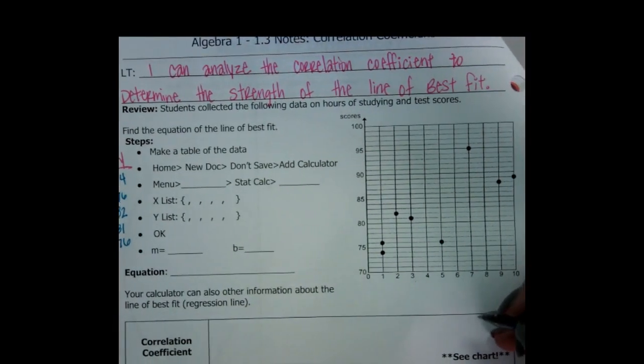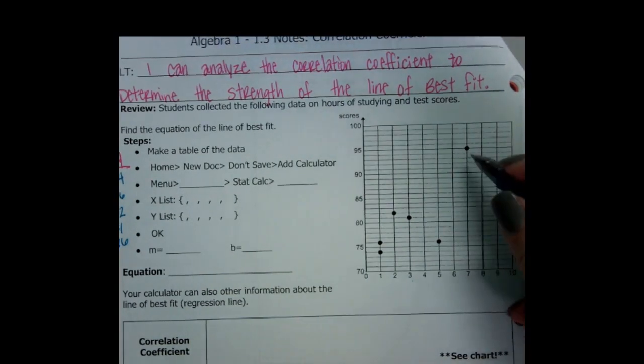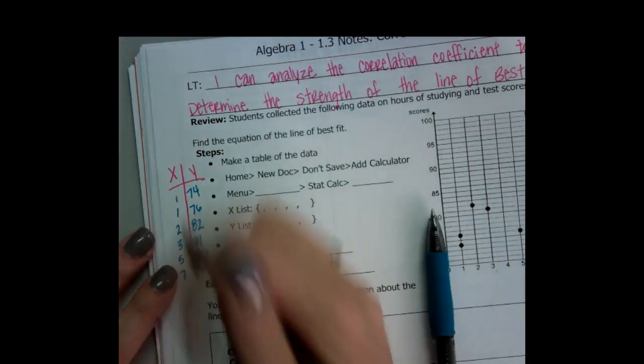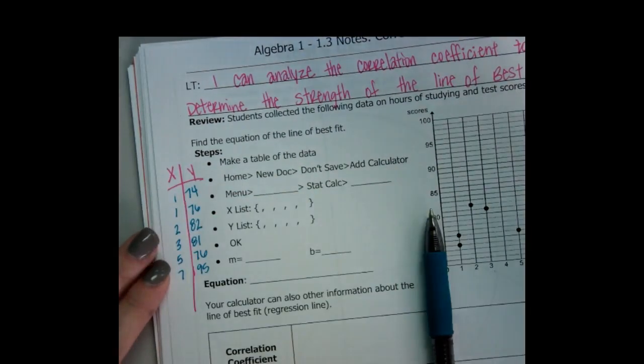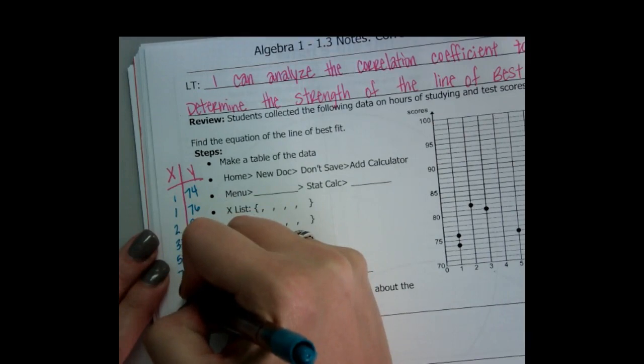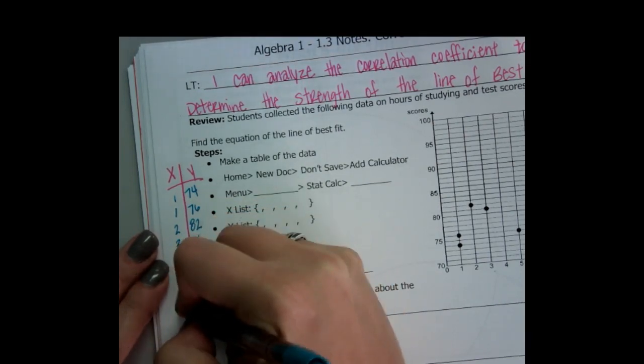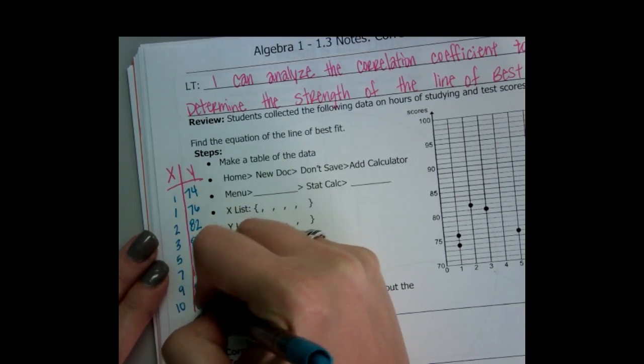I know we're kind of getting off the screen here. 7, 95. Extend this down. 9, 88 and 10, 89.